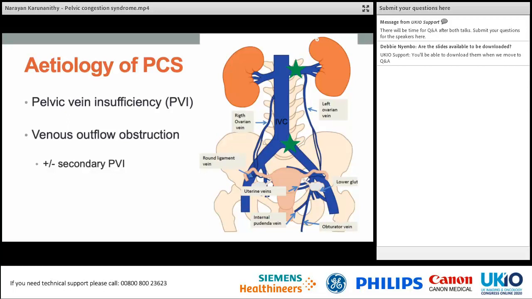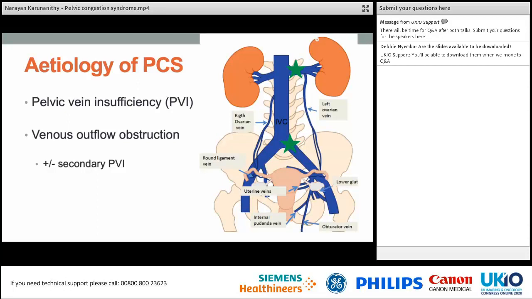And when it occurs at the left renal vein, it's called nutcracker syndrome. And the presence of either of these can result in a back pressure effect and result in dilatation and varices of the pelvic veins and or the ovarian veins. And these veins, once they dilate and become abnormal, can secondarily develop reflux.